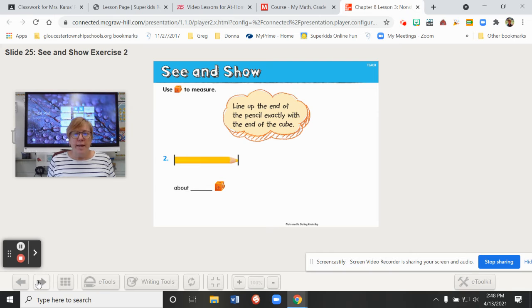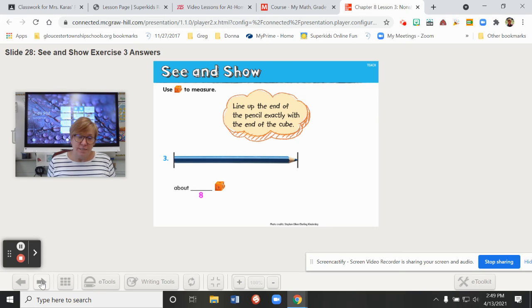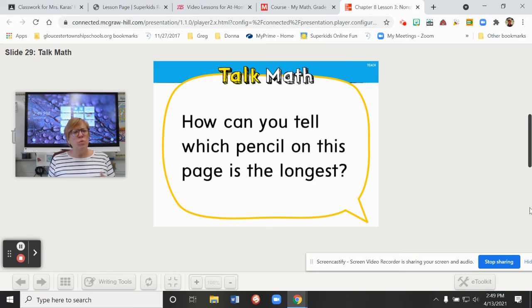Okay, now for this pencil, pause and measure. About 4. And number 3, pause and measure. About 8.